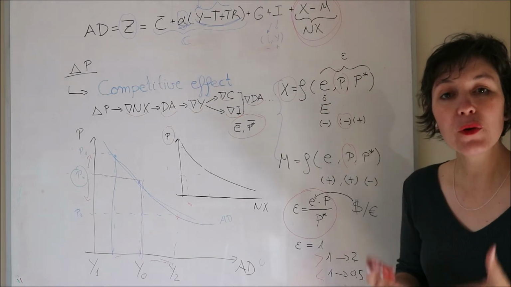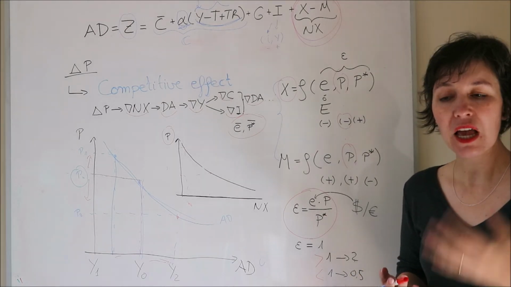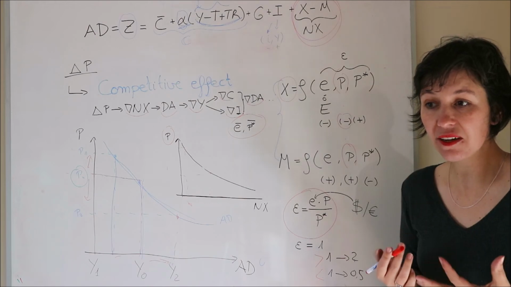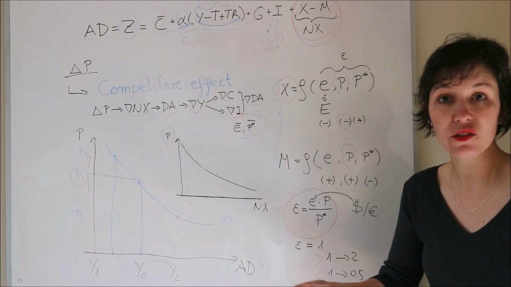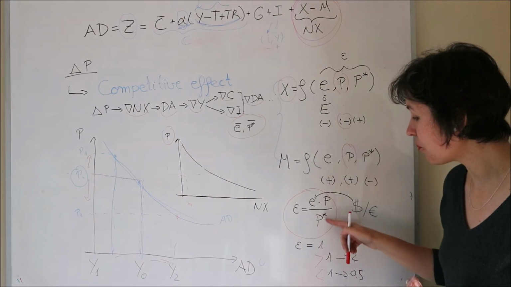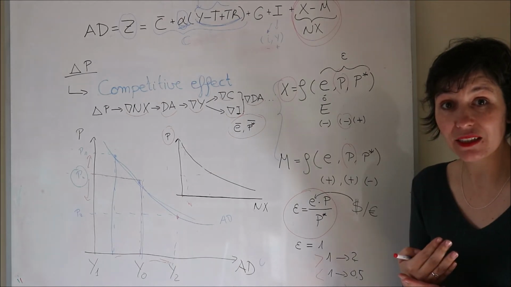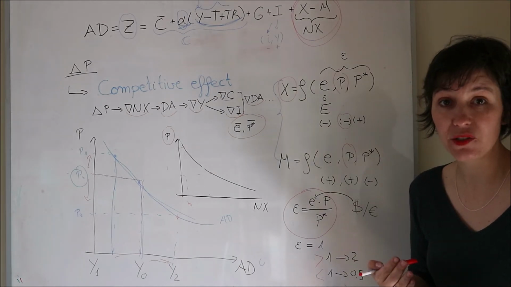What is that? The real exchange rate is much better than the nominal exchange rate. The nominal exchange rate is just considering the value of one currency against another currency. But the real one is considering also the prices. You see? The prices.